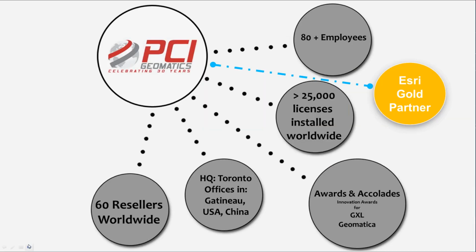PCI Geomatics is a world leader in imagery processing software with headquarters in Gatineau and Toronto, Canada.